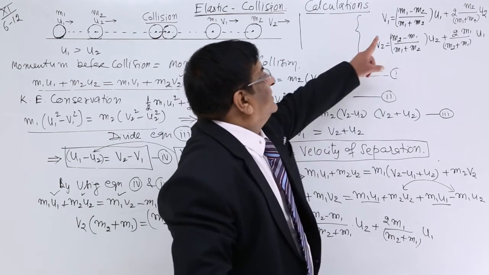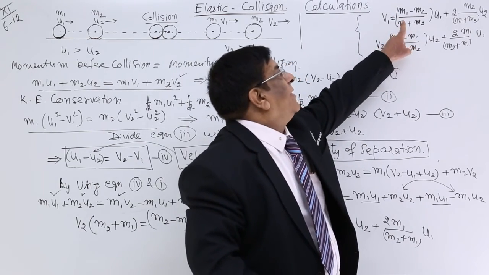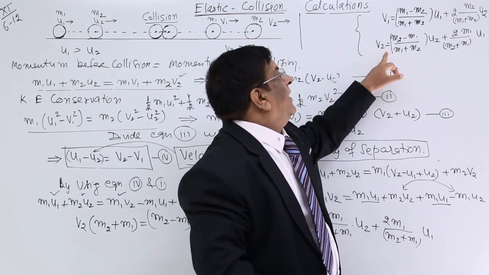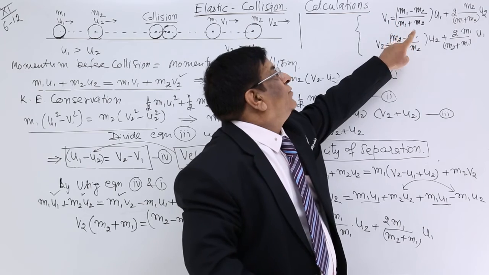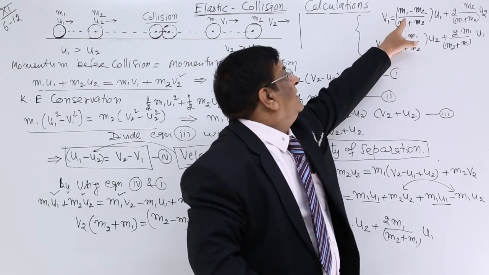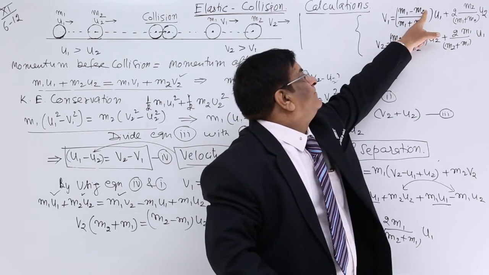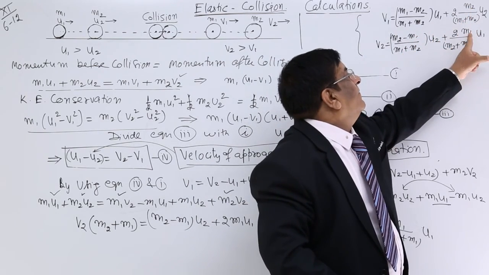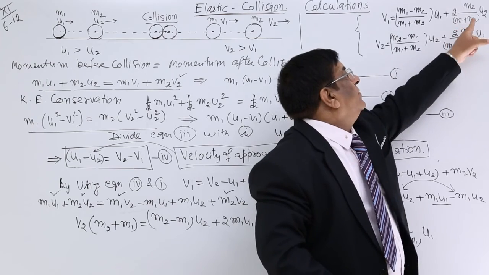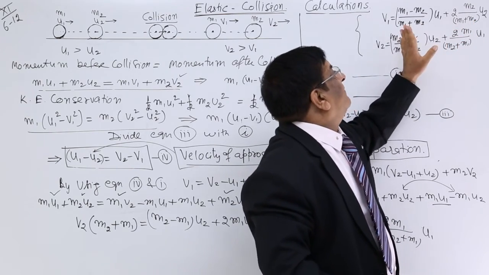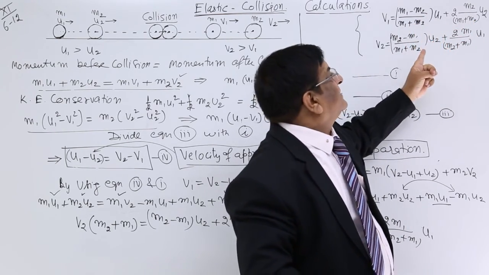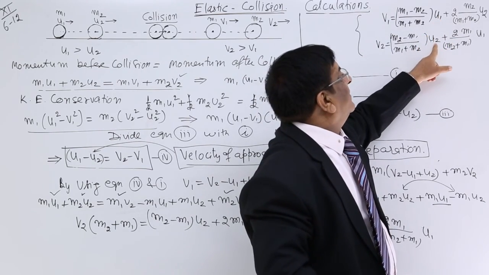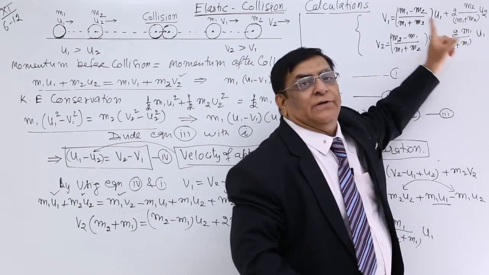If you see these two results simply, you have to remember only one result. In result number 2, you will find that you replace m1 with m2 and u1 with u2. So all m1 and m2 are to be interchanged and u1 and u2 are to be interchanged. u1 will become u2, u2 will become u1.